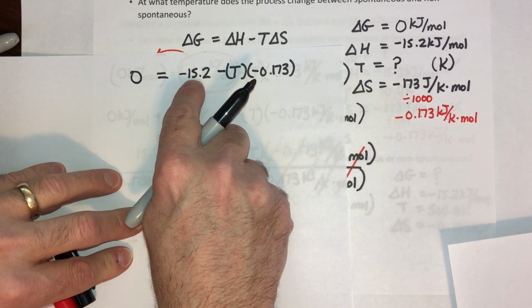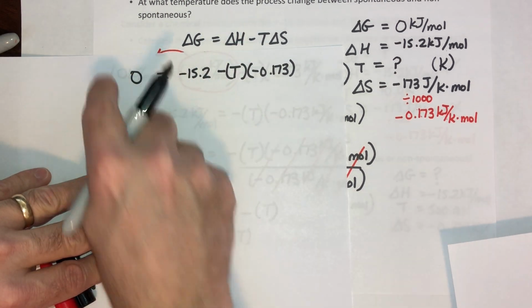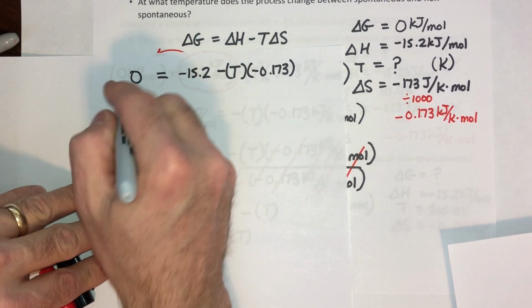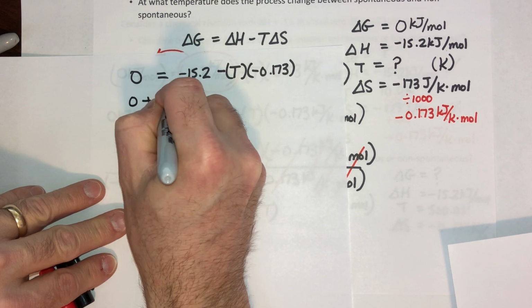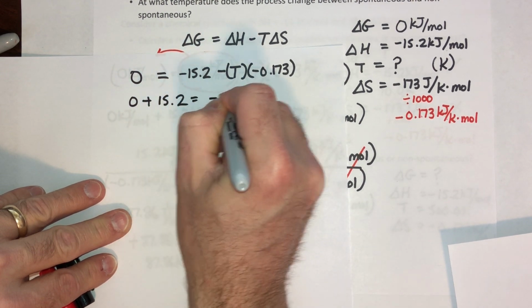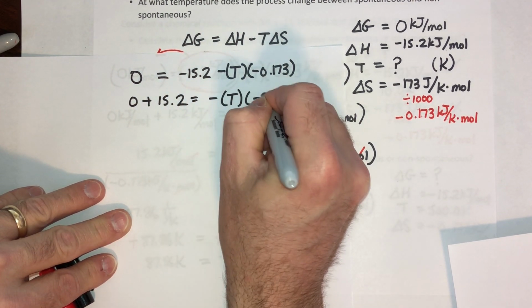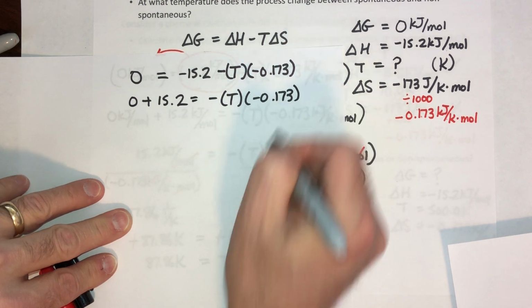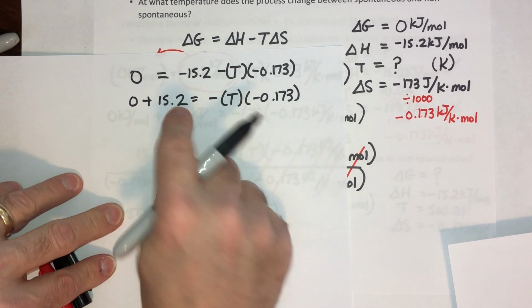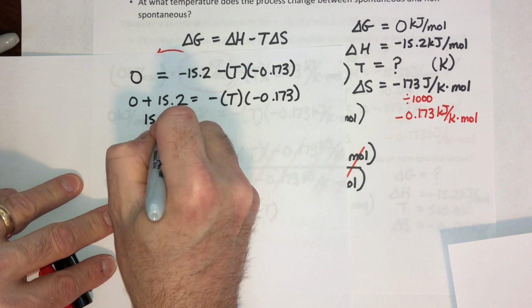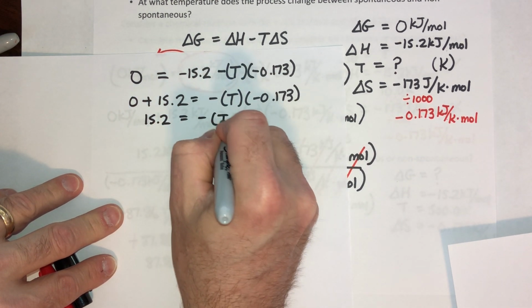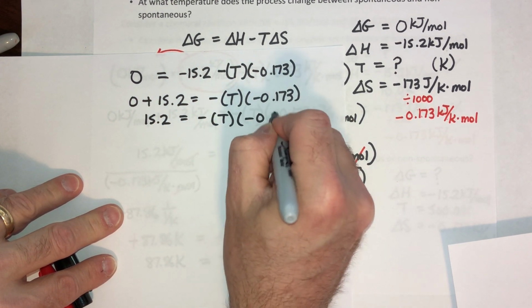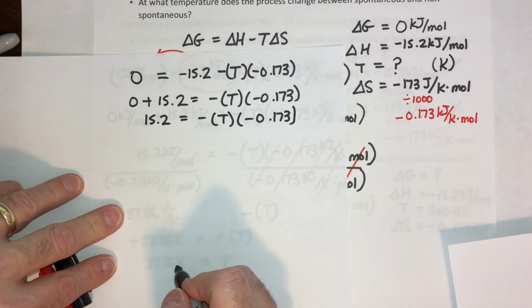I'm still going to move the minus 15.2 to the other side, where it will become positive. So 0 plus 15.2 equals a negative T times a minus 0.173. 0 plus 15.2 is 15.2. So that's a minus temperature times 0.173 negative.